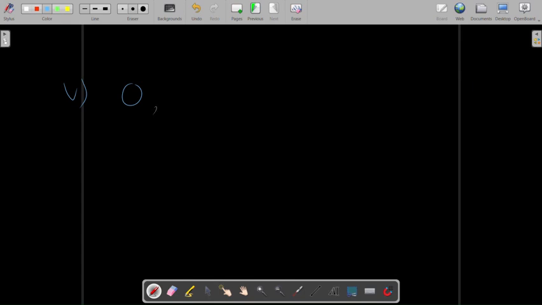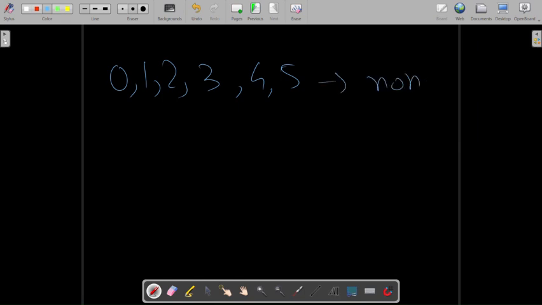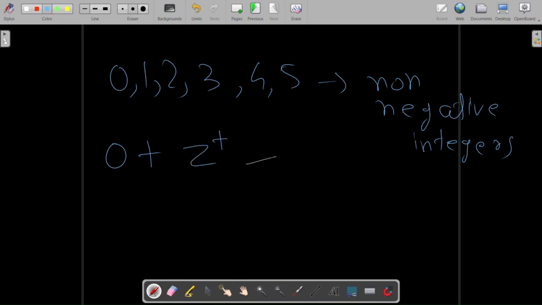Now, 0, 1, 2, 3, 4, 5, these are all called non-negative integers. I add 0 to the set of all positive integers, and this gives me the set of all non-negative integers.